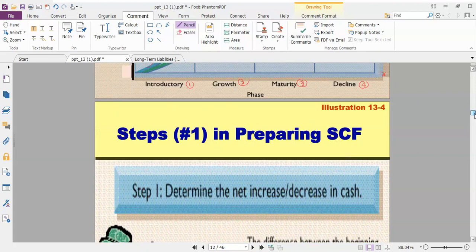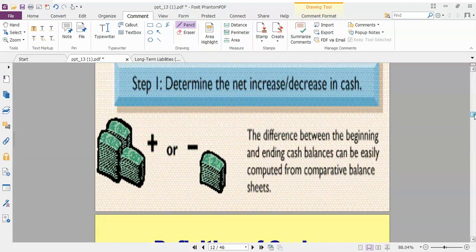What is the first step in preparing the SCF? The first one is to determine the net increase or decrease in cash.